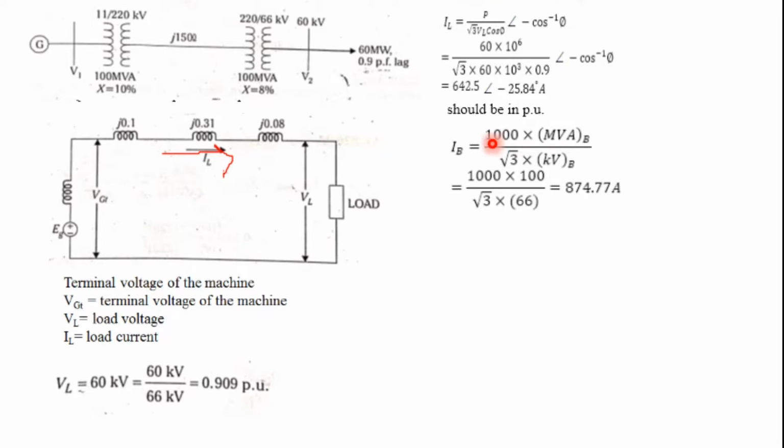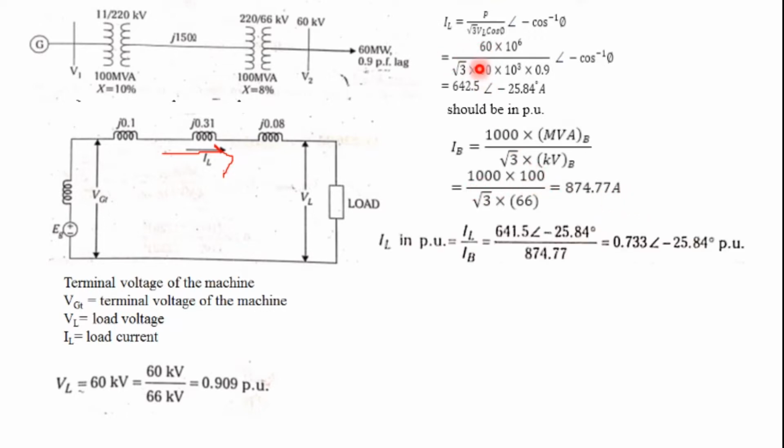So what base MVA are we considering? It is 100 MVA base, divided by root 3 into kV base. With 10 to the power of 6 divided by 10 to the power of 3, after doing that we'll get 874.77. So this is the base value.